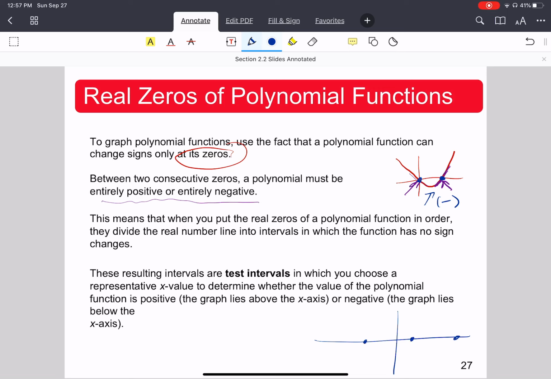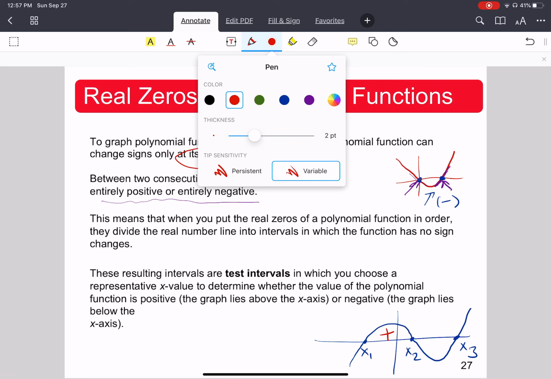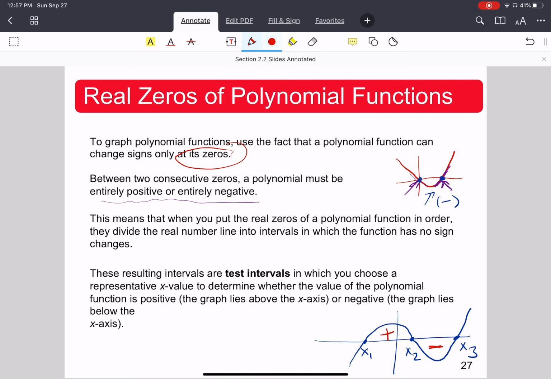Let me have 3 zeros: let's call this x1, this x2, and this x3. In between x1 and x2, the function is positive. Between x2 and x3, the function is negative.